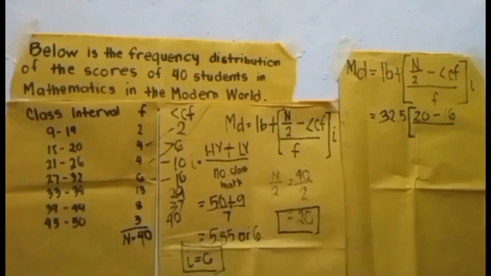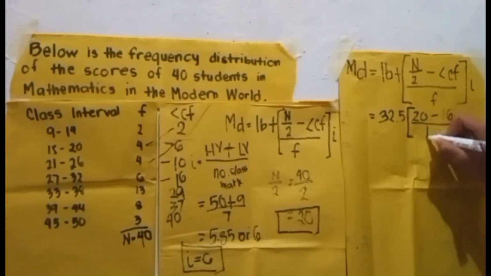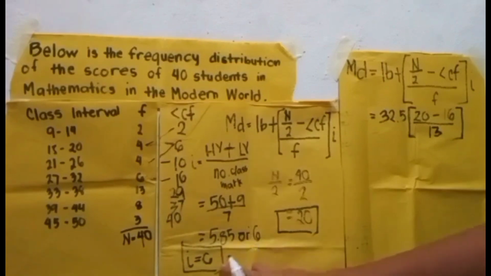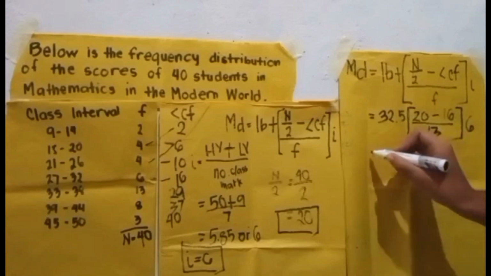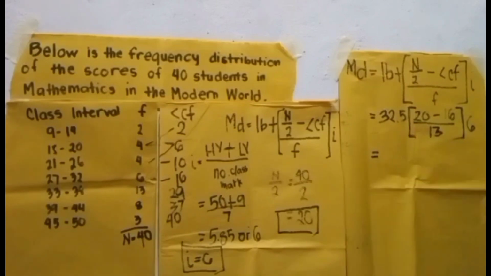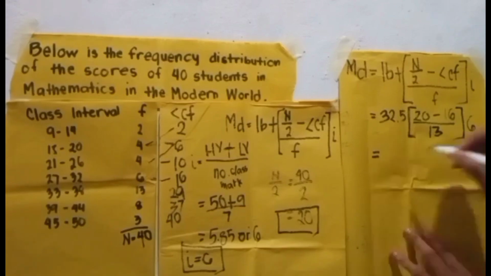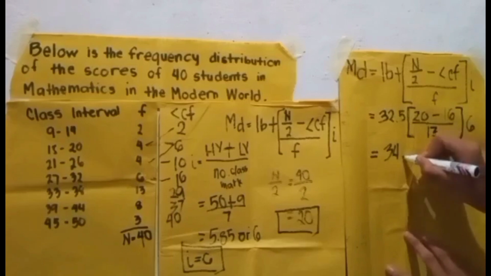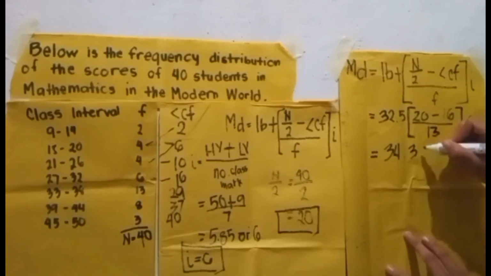Here, as you can see, 13. So we're gonna put here 13 and multiplied by the interval, which is 6. So let's answer this. So the answer here is 34.35.